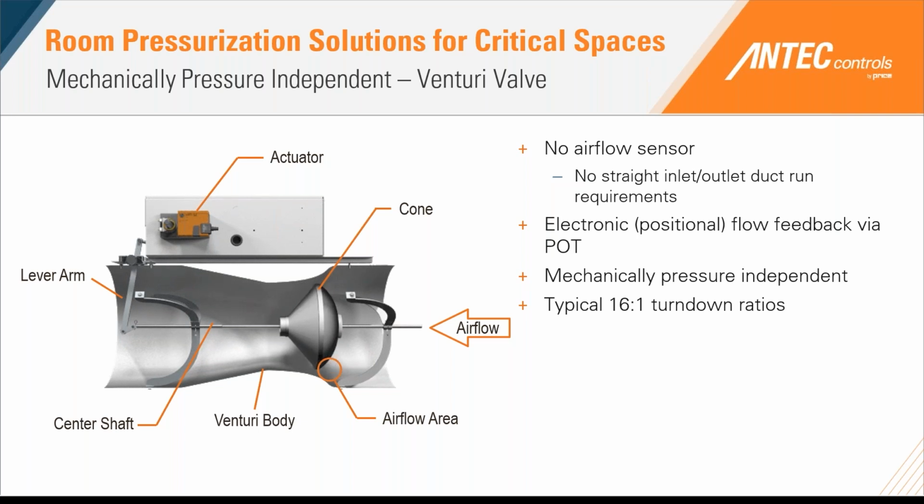So because the valve has no sensors inside the airstream, it means that we don't require any inlet and outlet duct run requirements. And additionally, it will give us some protection to dust, lint, dandruff, because there's no sensors inside your airstream. Typically, your Venturi valve will have a larger turndown ratio compared to your high accuracy terminal units, mainly for the fact that it's not measuring flow directly, it's utilizing that positional flow feedback via a high accuracy potentiometer.